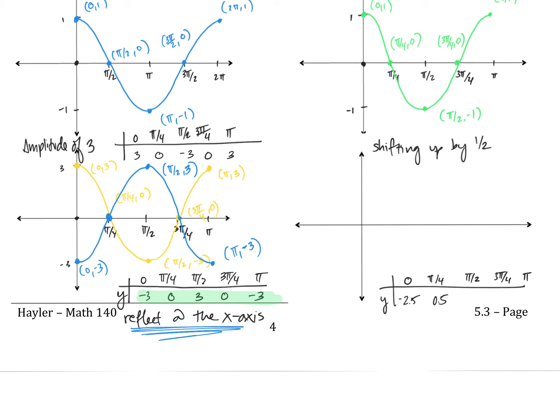So let's see, 3 plus 1/2, so it's going to be 3.5. 0 plus 1/2 will be 0.5. And lastly, -3 plus 1/2, which we said earlier, -2.5. Alrighty, let me go ahead and plot these points. I'll add in the -2 for a bit more reference.